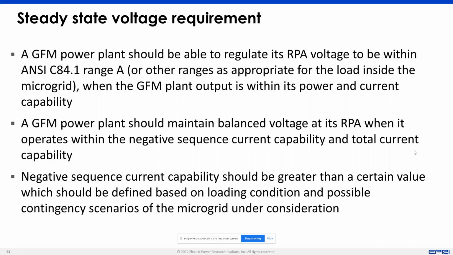So we then have this further requirement where we not only ask the grid forming inverter to regulate the RPA voltage to be 0, but we also require it to have sufficient negative sequence current capability such that it can regulate the voltage imbalance sufficiently low in all the plausible conditions in the microgrid.